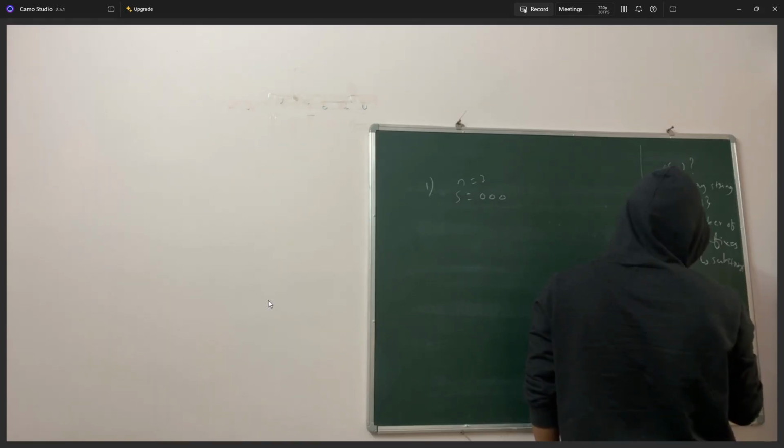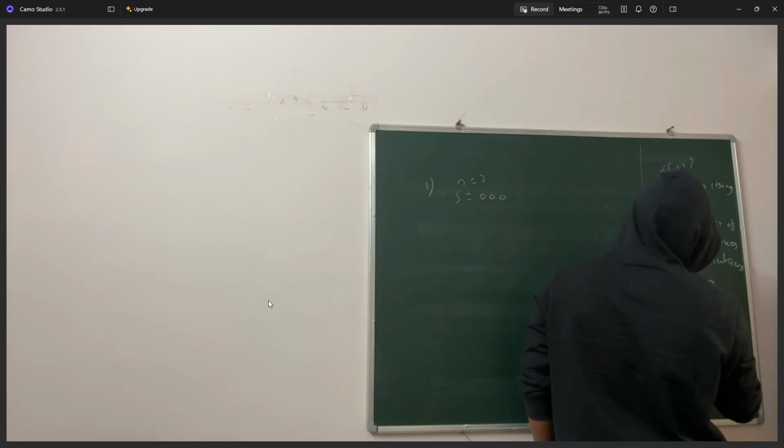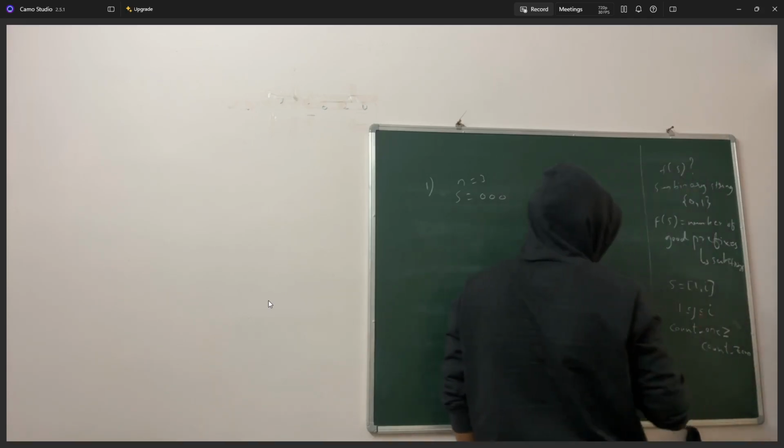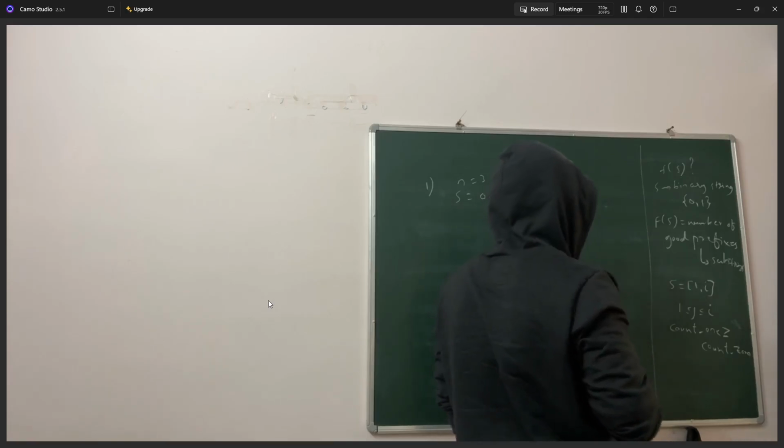From 1 to i, if j is running from 1 to less than or equal to i, the count of 1s has to be greater than or equal to the count of 0s. If you find that, it's a good prefix, or it's not.